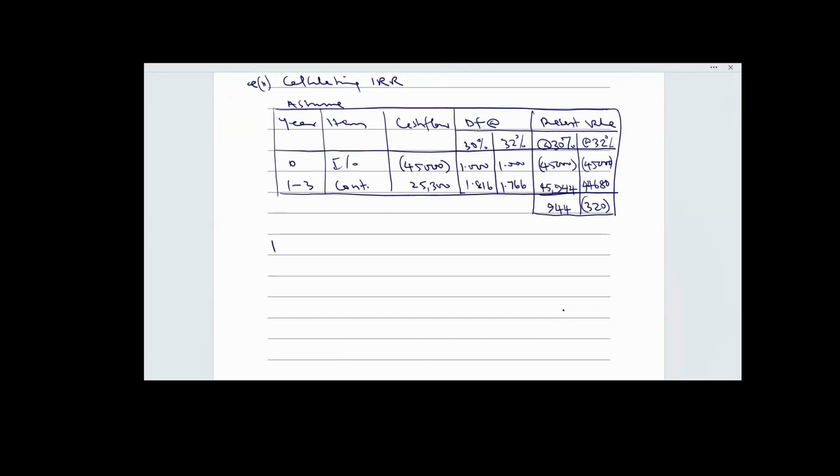IRR equals lower discount rate plus NPV of the lower discount rate, divided by NPV of lower discount rate plus NPV of higher discount rate, all of this multiplied by higher discount rate minus lower discount rate.